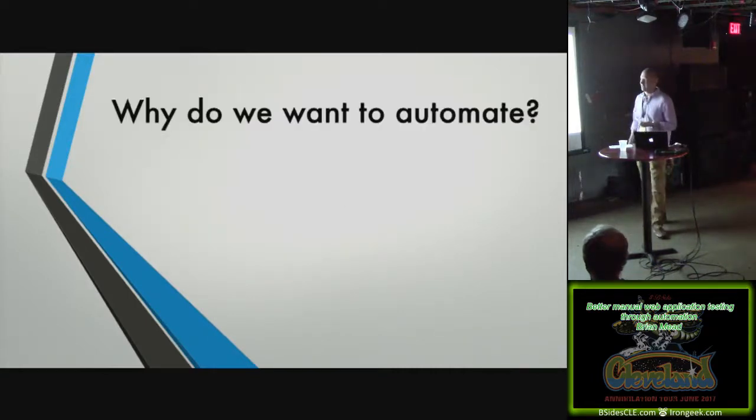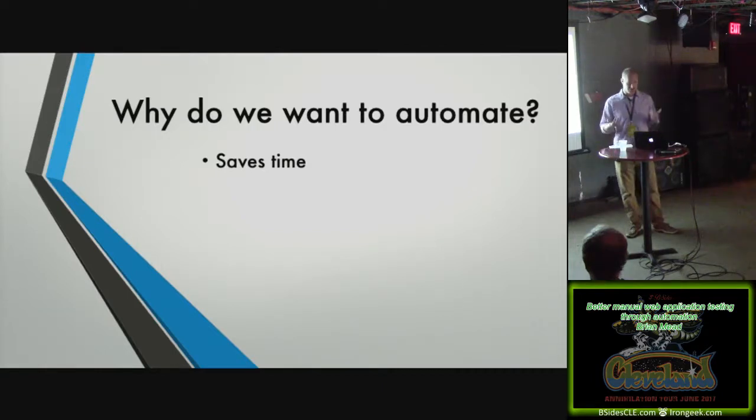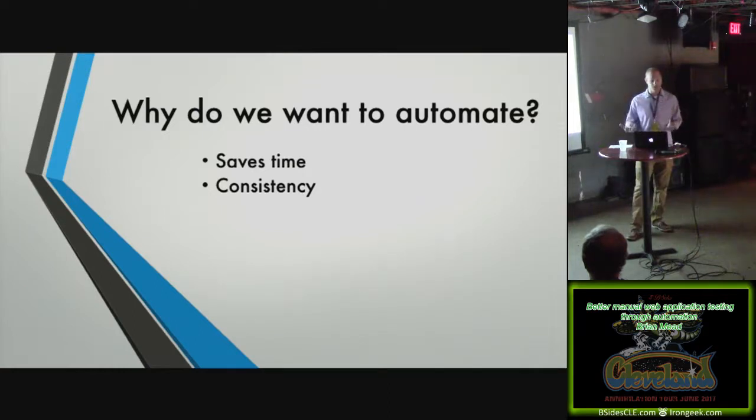So why do we want to automate things? Well, that's probably why you guys are here, and that's a great question. It saves time, because no one ever said, "I have too much time on my hands to do this test." Consistency. When you're doing tests back to back, a lot of times you run into a problem where you're like, okay, what did I do on that last test? What application was this? Again, accuracy.